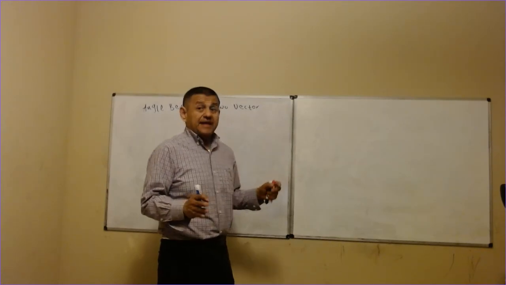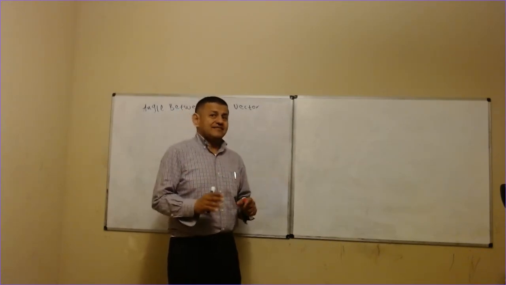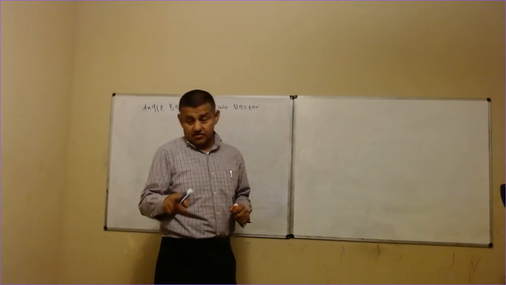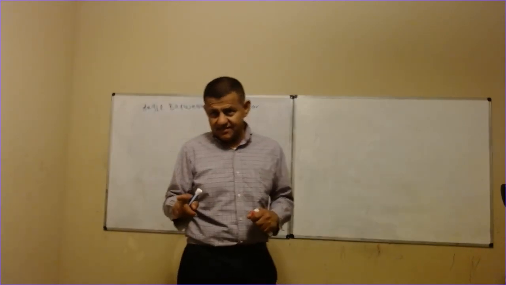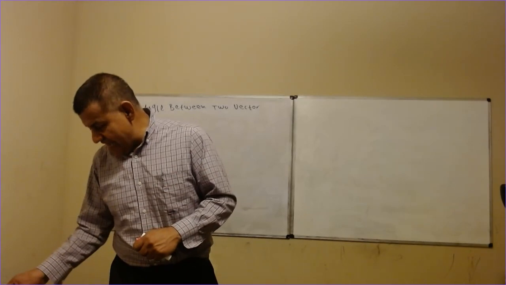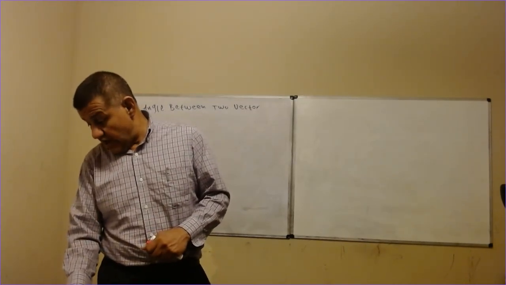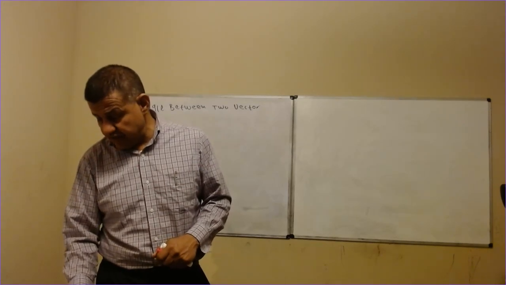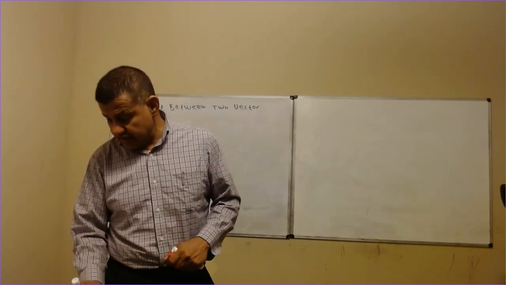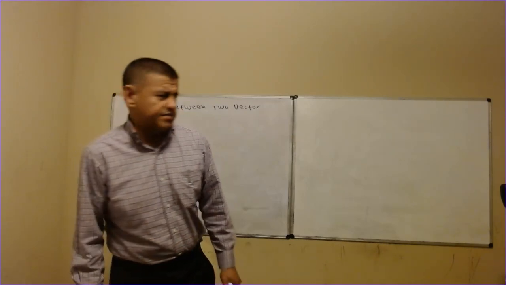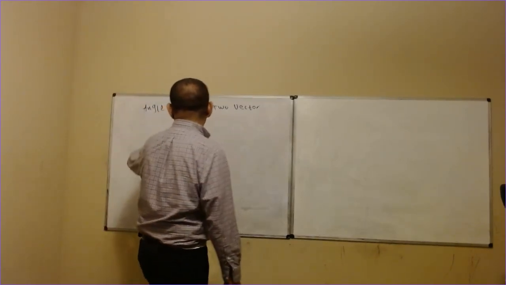But that does not mean that the result will have an angle on it. You will not have an angle on the answer. The final result is always going to be a scalar. So that's what we're doing today.